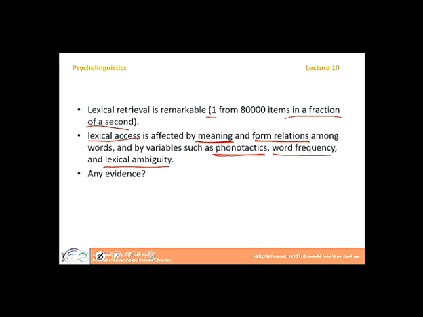Phonotactics: what a language allows or does not allow phonologically. So for example, in Arabic, it is not allowed to have, for example, 3 or 4 consonant clusters. In Russian, they allow it. You can have consonant, consonant, consonant, consonant in a word.